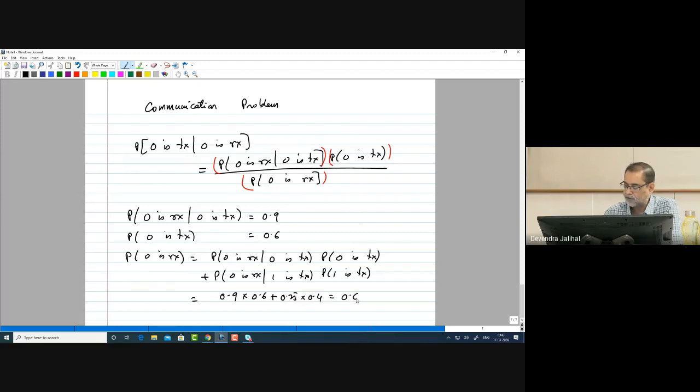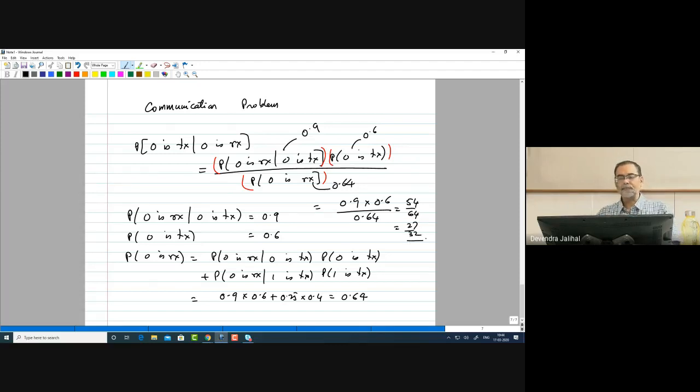This was taken to be 0.64, right? And so if you substitute here, this is 0.9, this is 0.6, and this is 0.64, and so 9 into 6 is 54 by 64, that is 27 by 32.